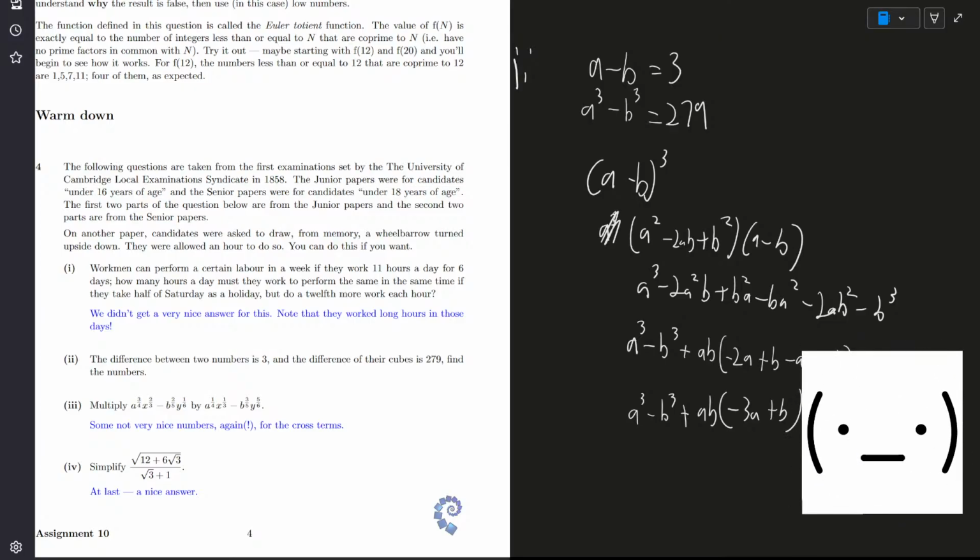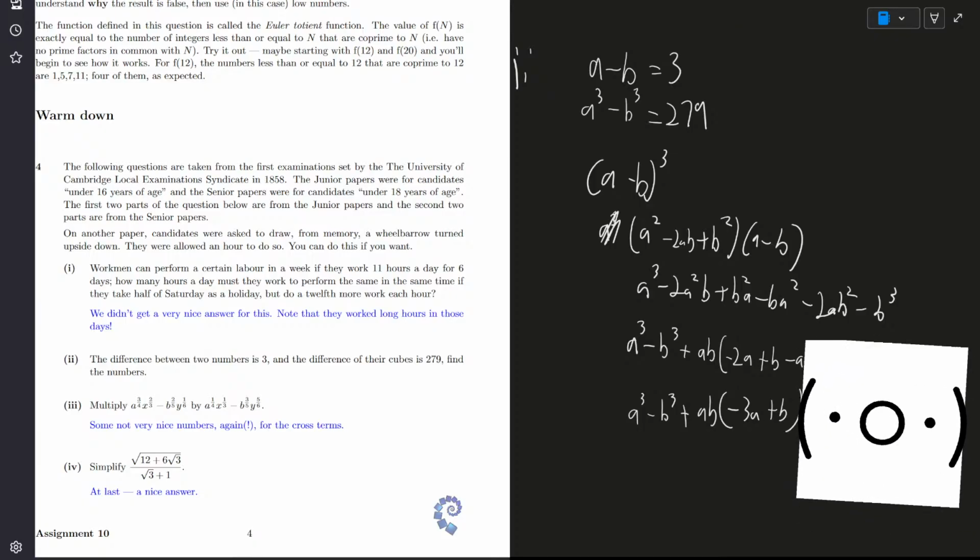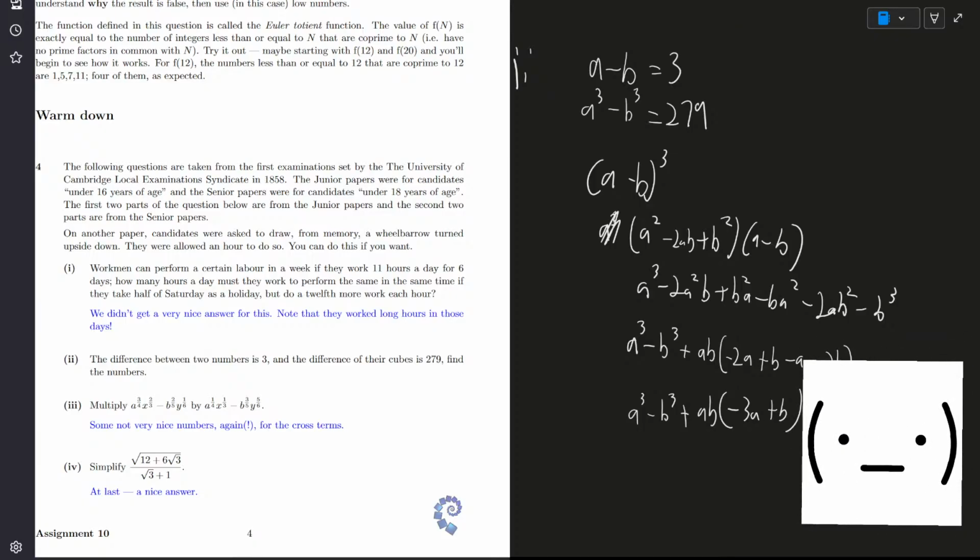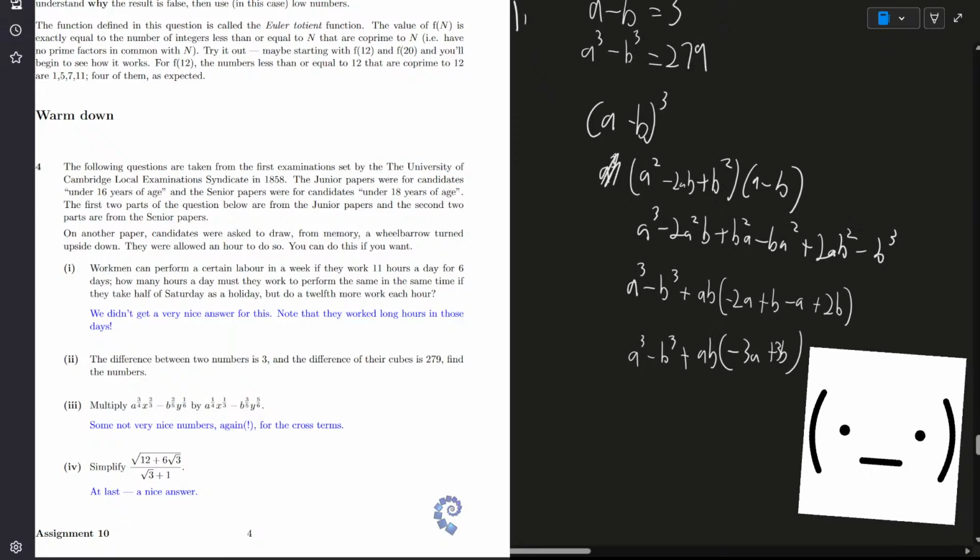Hmm. First of all, I'm pretty sure I've done some kind of arithmetic error. I have. Yeah, I've spotted it. This is in fact a plus. This is a plus. Plus this is this.